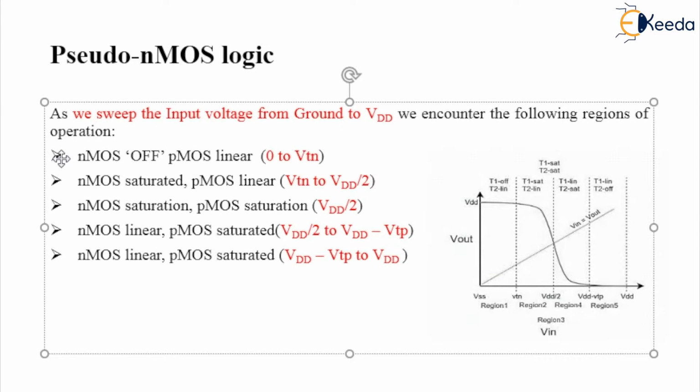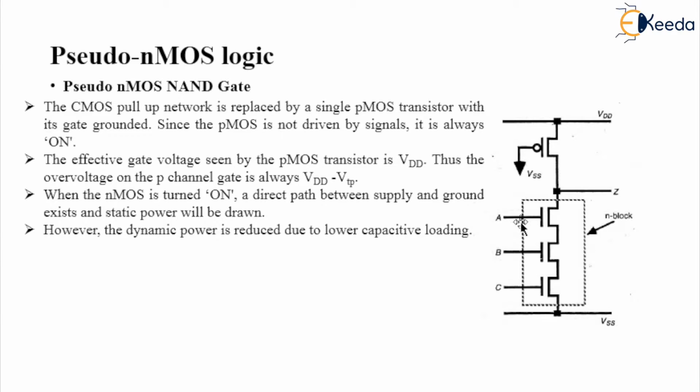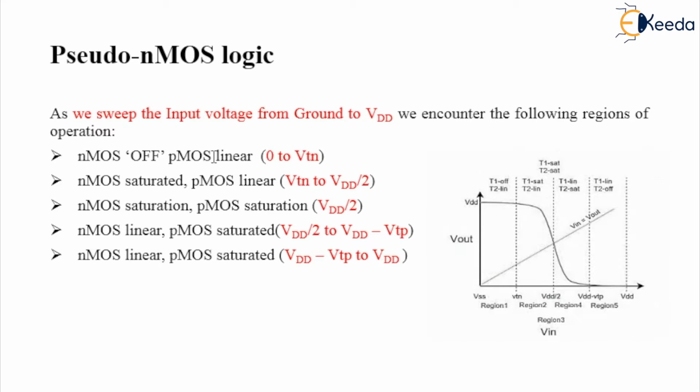T1 off means the NMOS will be off when the voltage is between 0 and VTN.